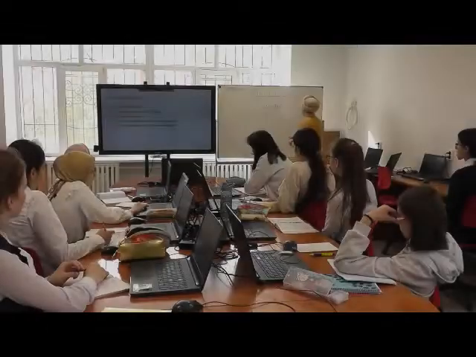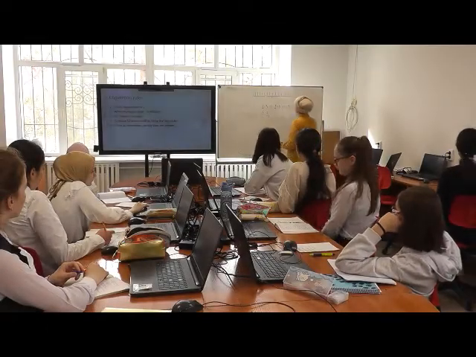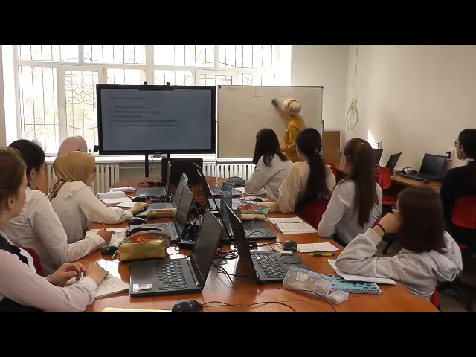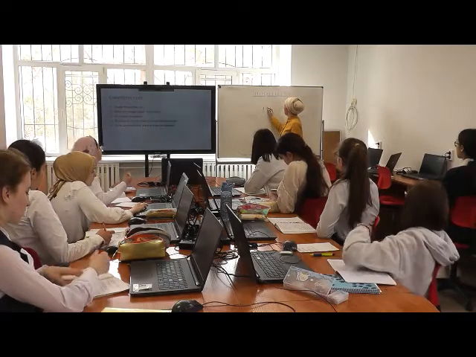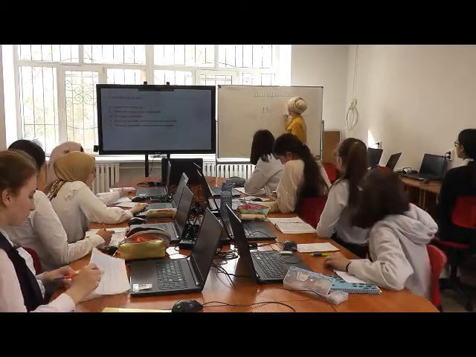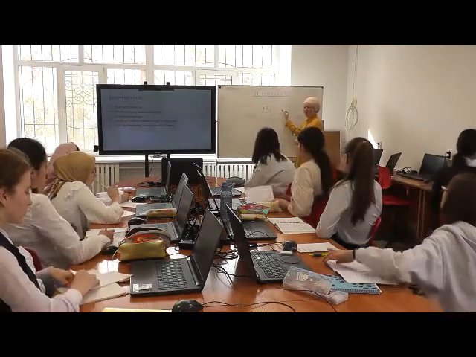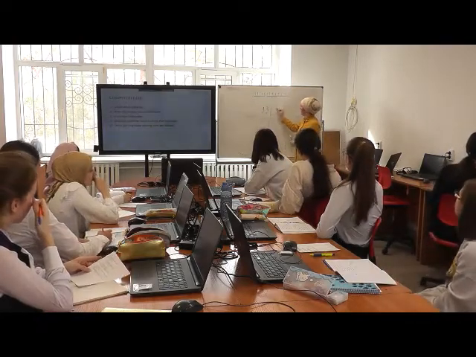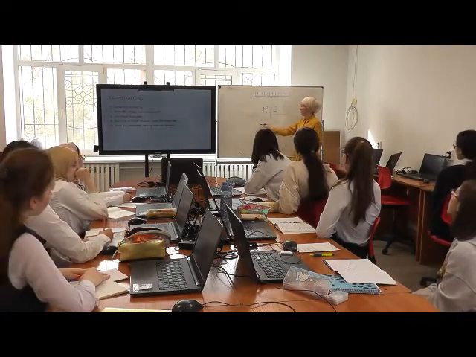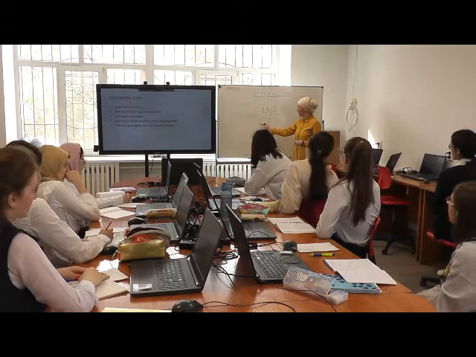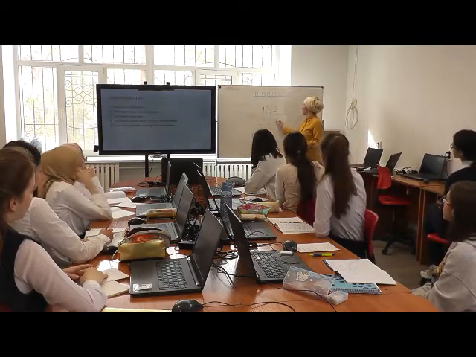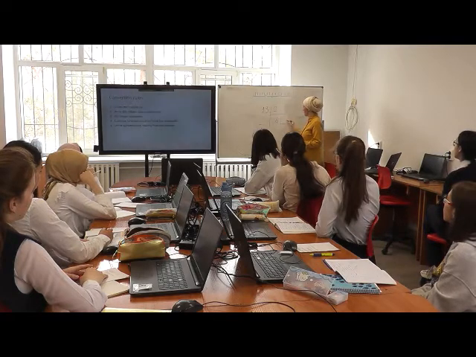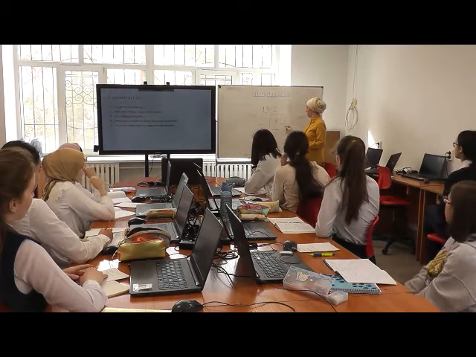So let's try to divide 13. Let's do it together. We have 13, and let's try to convert it to binary. So what are we doing? Divide by 2. What is next? The remainder is 1, the answer is 6. Divide by 2 again: remainder 0, answer 3.